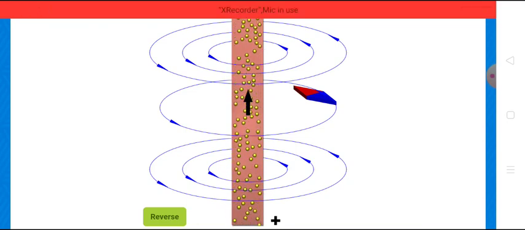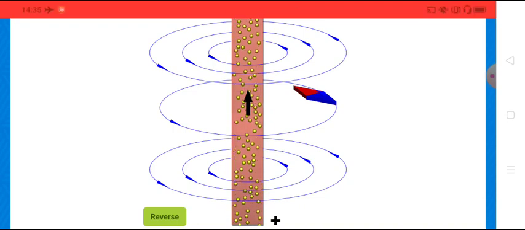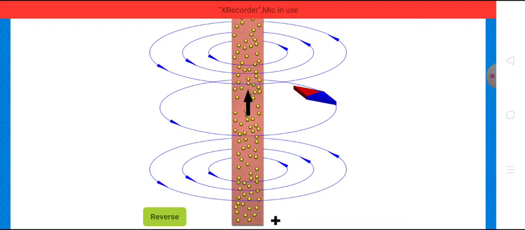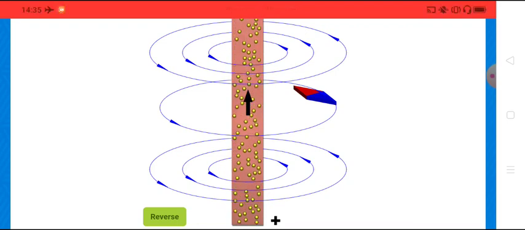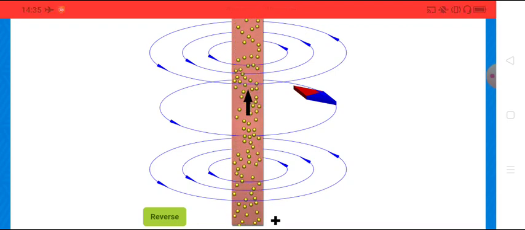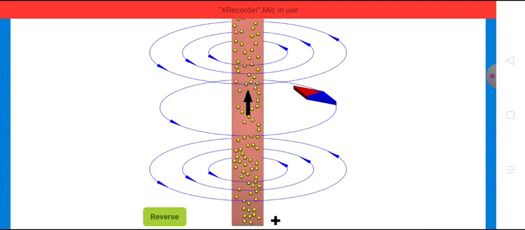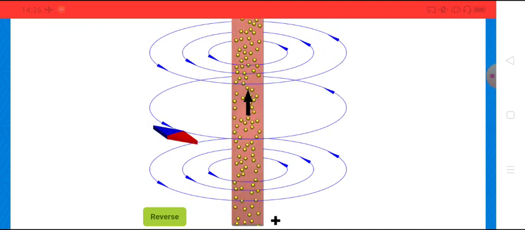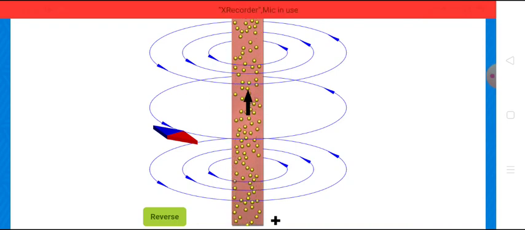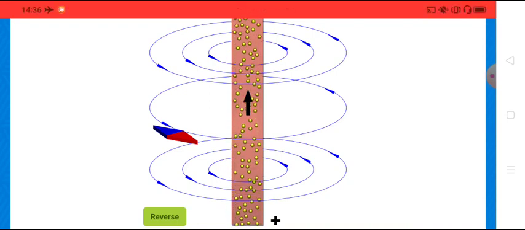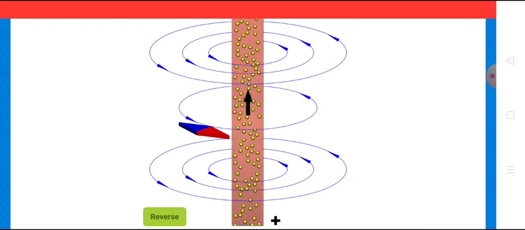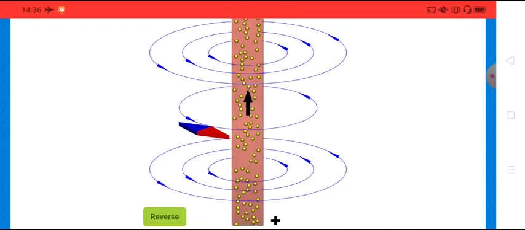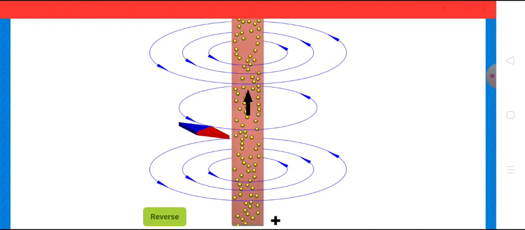So now we can draw some conclusions through the study of the entire activity of the magnetic field set up around a straight current carrying conductor. First, that the strength of the magnetic field depends upon the current. The polarity of the magnetic field, the direction of the magnetic field, depends upon the direction of the current, and it is also dependent upon the distance from the conductor.